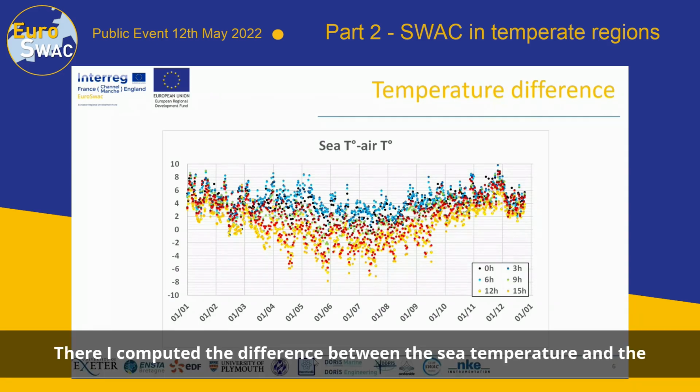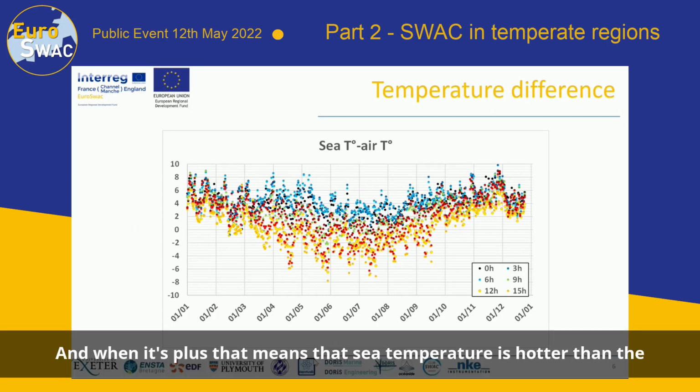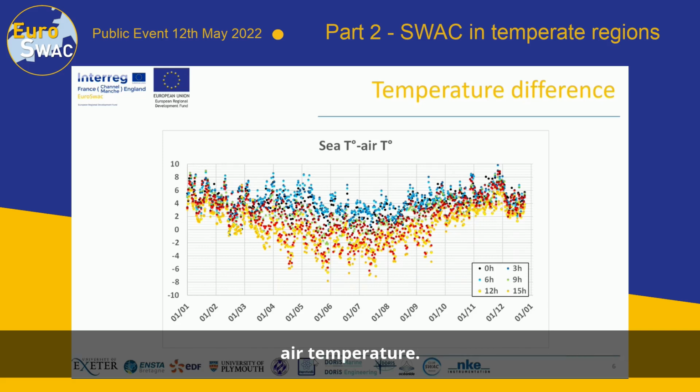Here I computed the difference between the sea temperature and the air temperature. When it's minus, that means the sea temperature is colder than the air temperature, and when it's plus, that means the sea temperature is hotter than the air temperature.